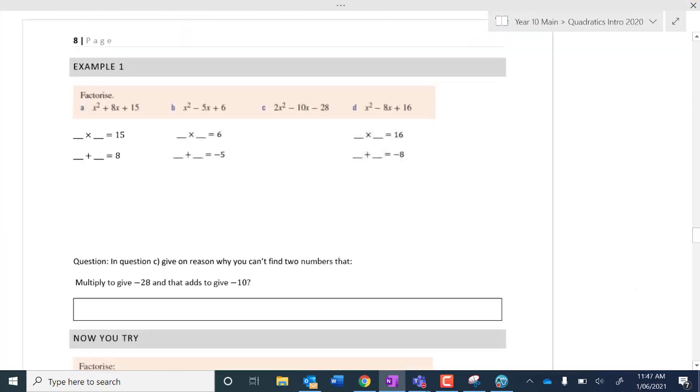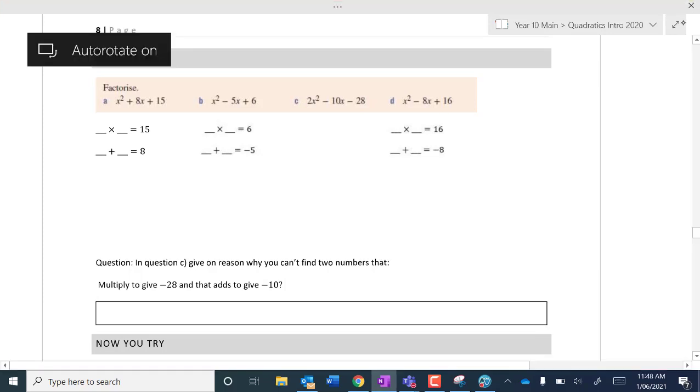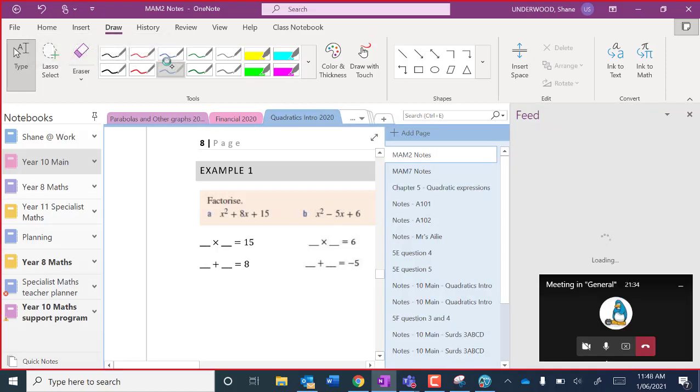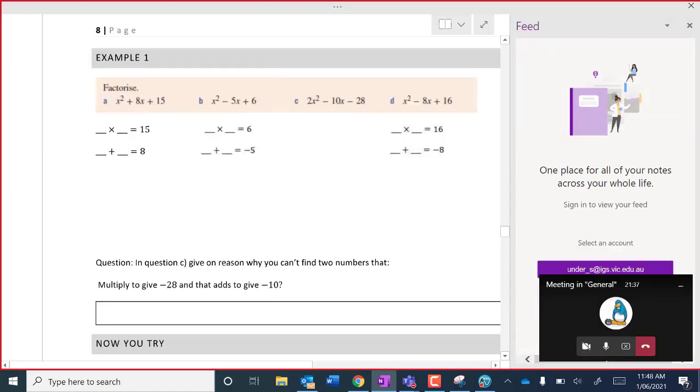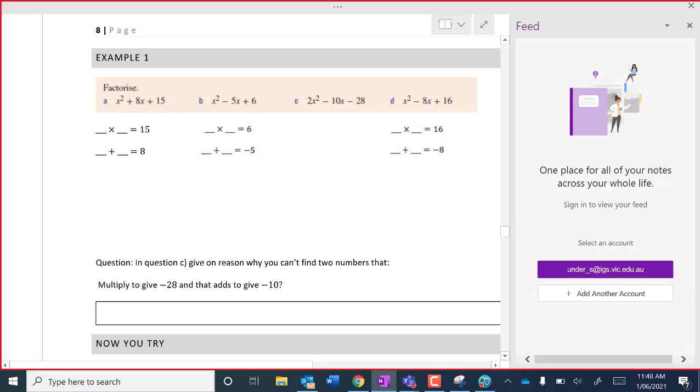All right, so let me go through a couple more of these, and then I'm going to get you, if you're watching, to have a go at these as well. So the first one, let me talk through the process again, and I'm going to do it the long way to show you, but also to show you that there's a shortcut as well. First of all, I need two things that multiply to give 15 and add to give 8.